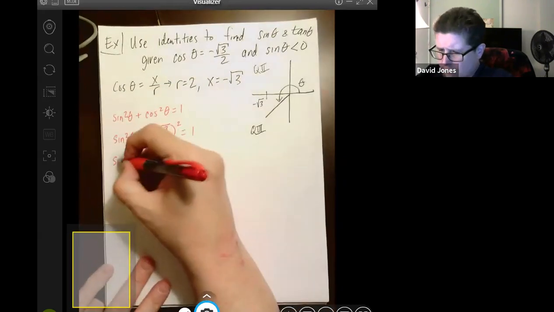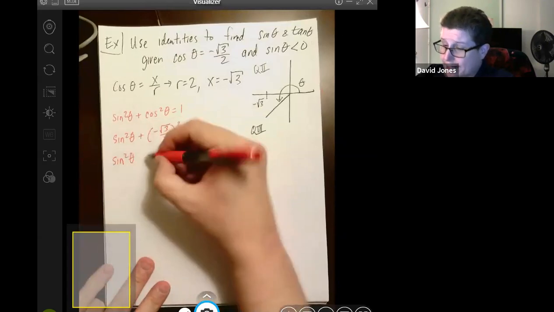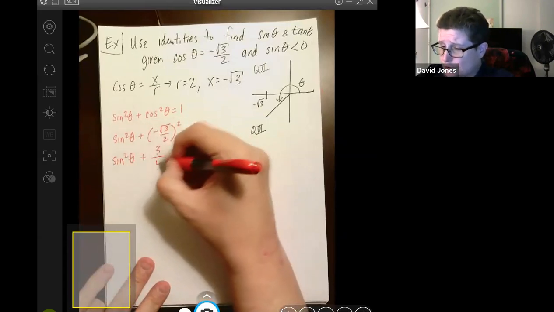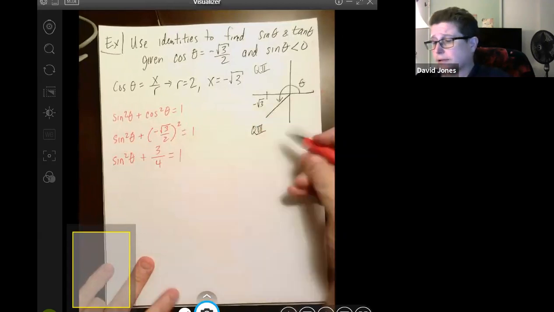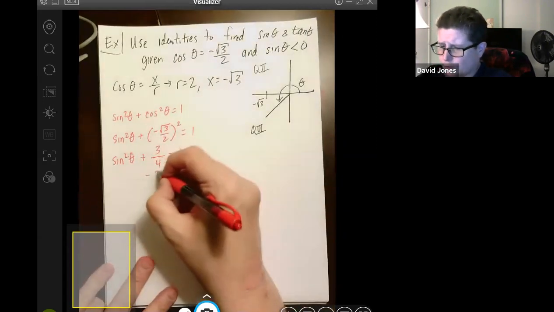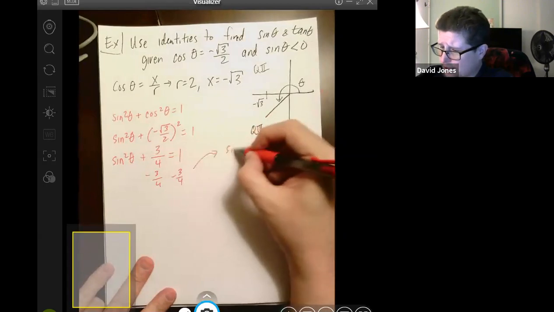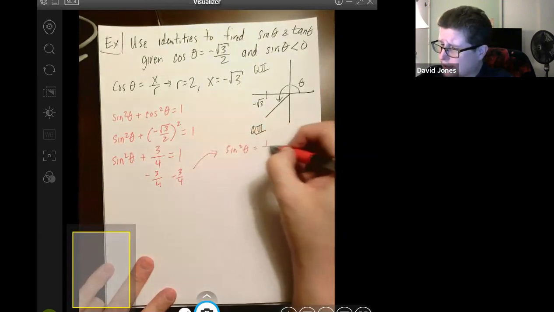We square that, negative root 3 squared is 3, and 2 squared is 4. Subtract 3/4 from both sides, and we get sine squared theta equals 1/4.